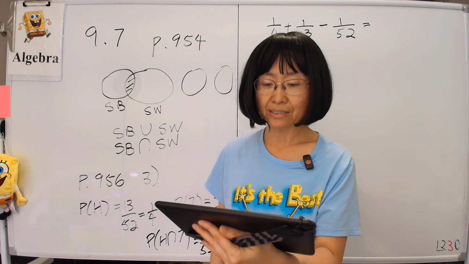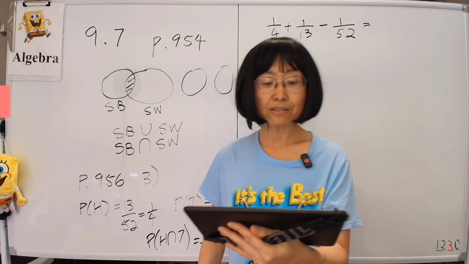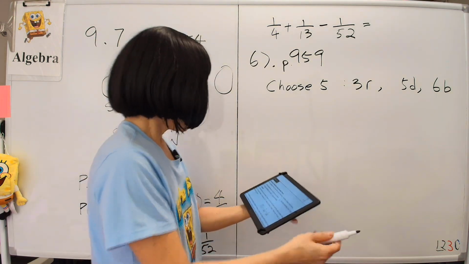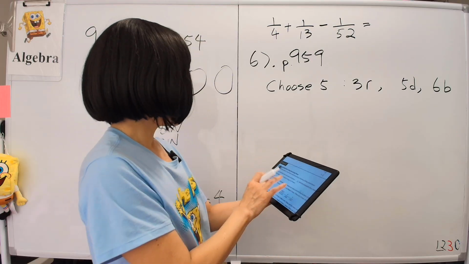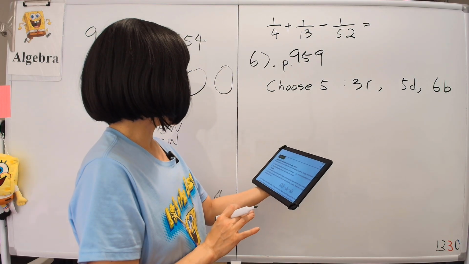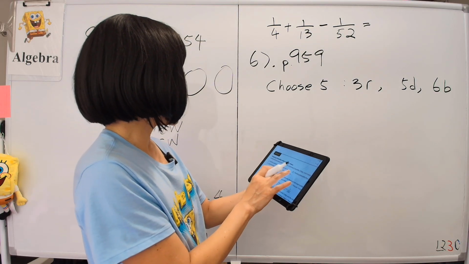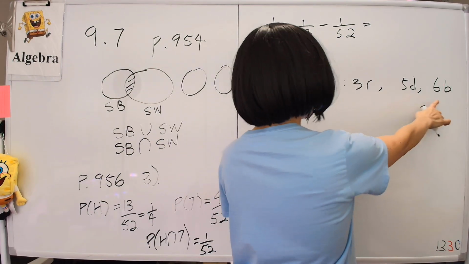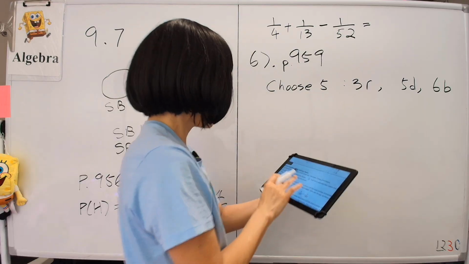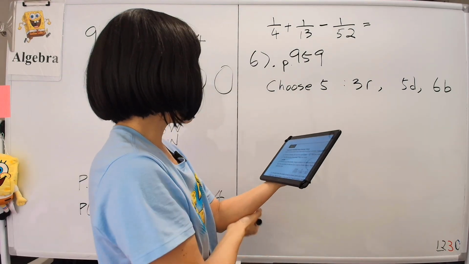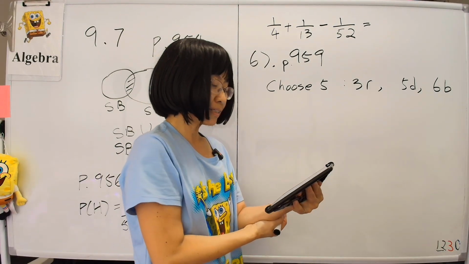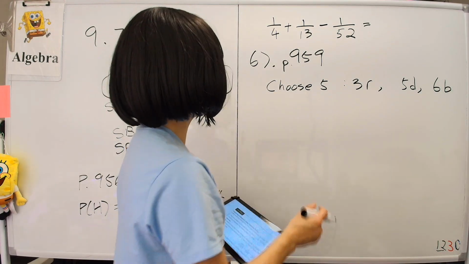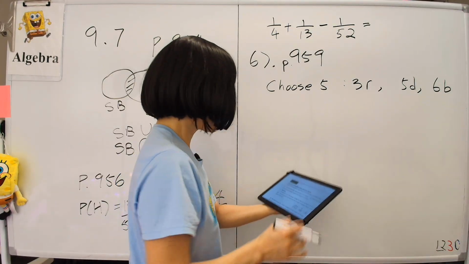Now let's look at part A. A child selects 5 toys from a toy bin containing 3 rabbits, 5 dogs, and 6 bears. So we need to choose 5. Part A says find the probability that the child chooses 5 bears. All bears. To do that, we have to do this nCr business.